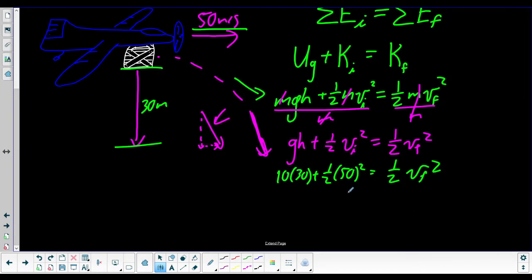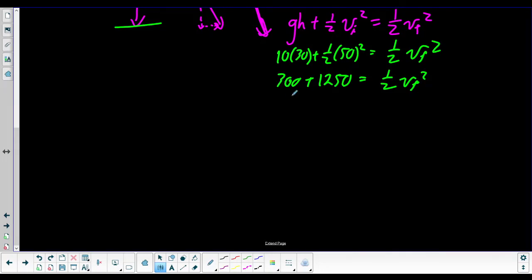So let's go ahead and simplify this side. We have 300 plus 50 squared, which is 2,500, and half of that is 1,250, equals 1/2 v final squared. Adding these is 1,550 equals 1/2 v final squared.